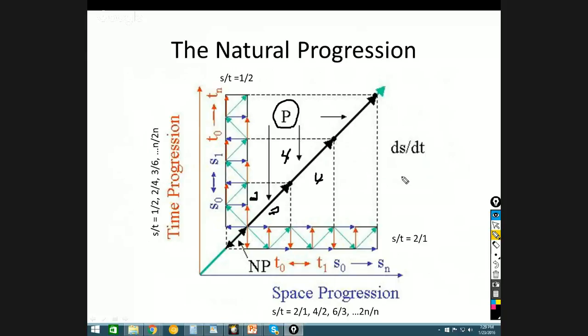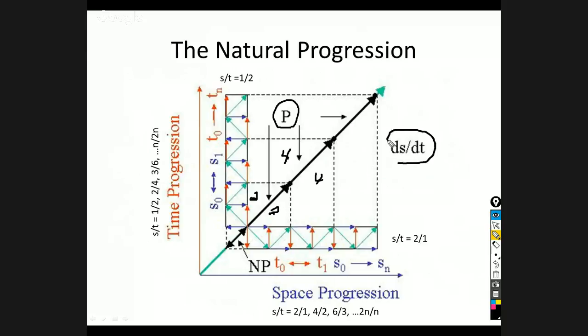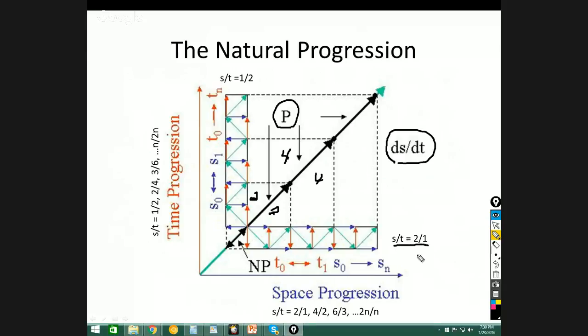It's our natural progression. It is a change of space of 1 unit over a change of time. And so when we do that, if there's an oscillation, that changes the space-time ratio up our number line.